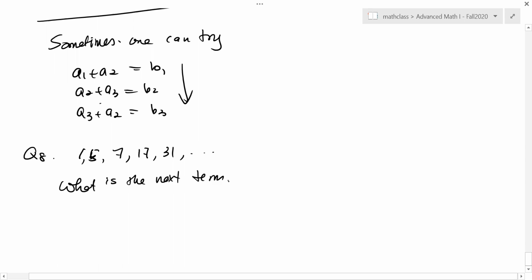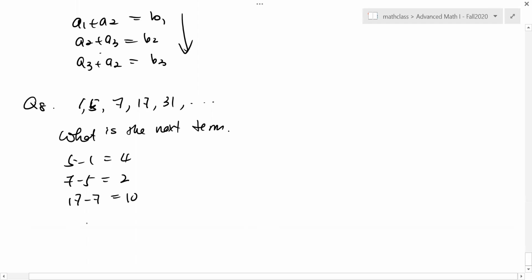So I try differences. I get 5 minus 1 is 4. 7 minus 5 is 2. 17 minus 7 is 10. And 31 minus 17, I think it's 14.